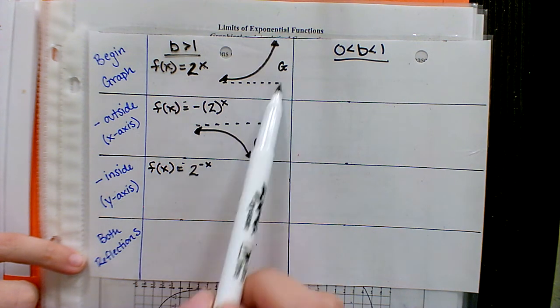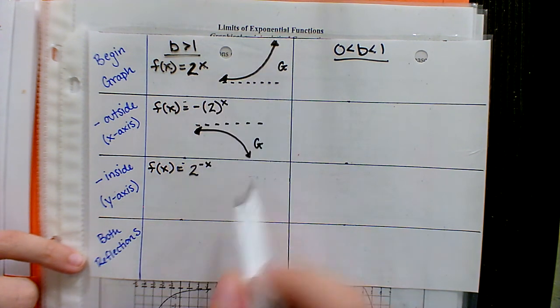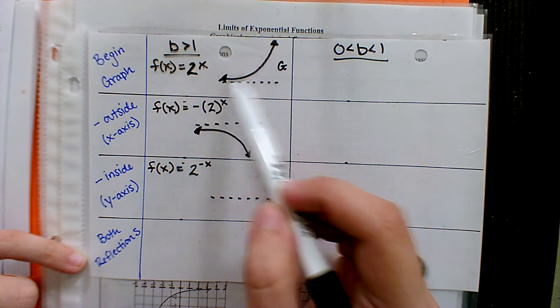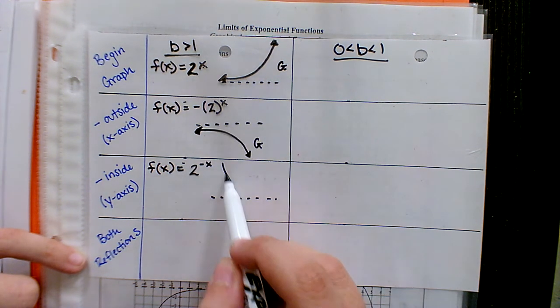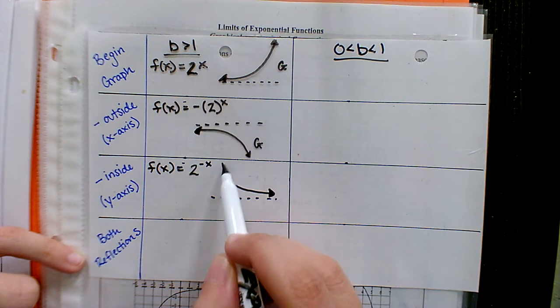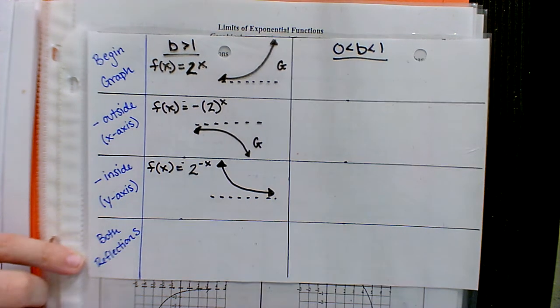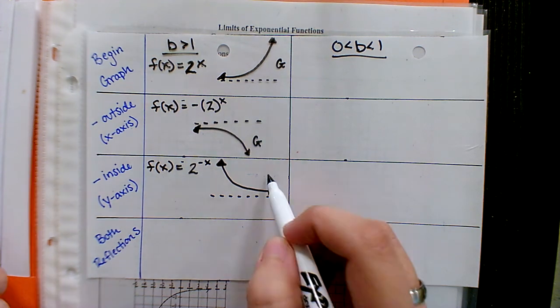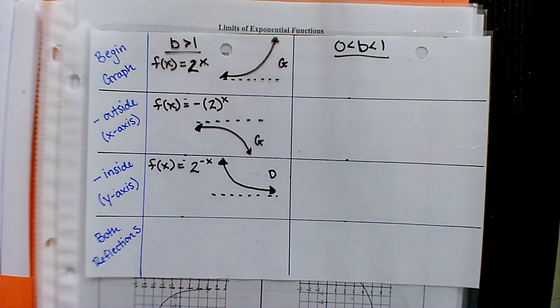So we're going to take this original graph and fold it left or right. So instead of going low to high, it's now going to go high to low. Growth or decay? Decay. As we go from left to right, notice how we're getting closer to that asymptote.